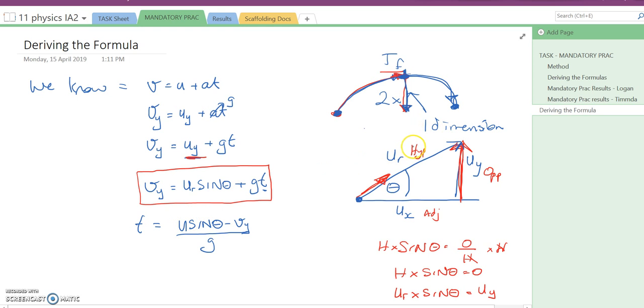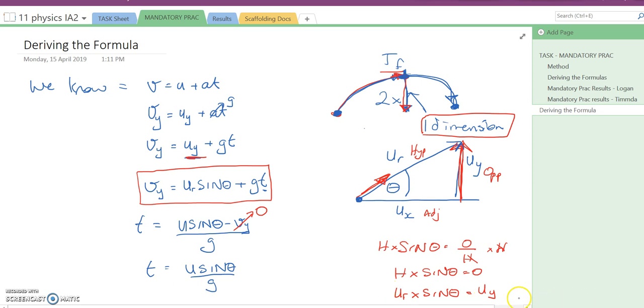And like when we did our linear motion formulas in one dimension, in this case Vy, the final velocity at the top, we can assume to be 0, which means my formula now becomes: the time it takes to reach the top of the flight, or from the top of the flight to the bottom, is equal to u sine theta over g.